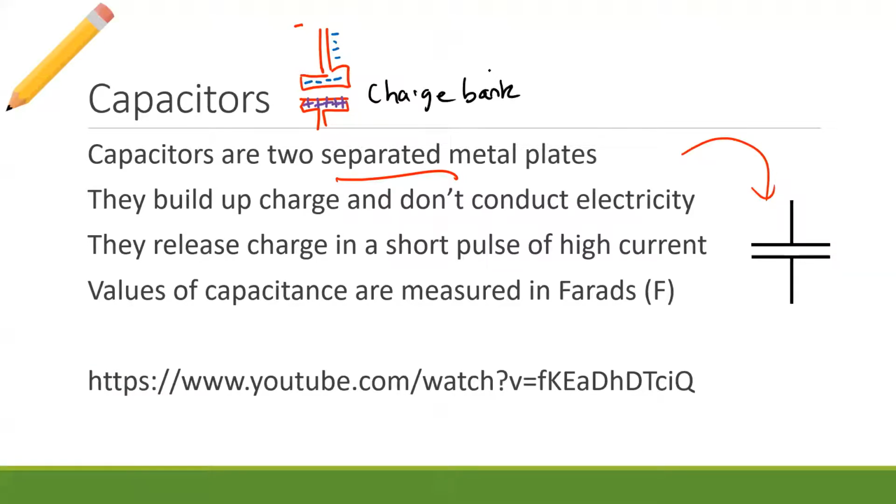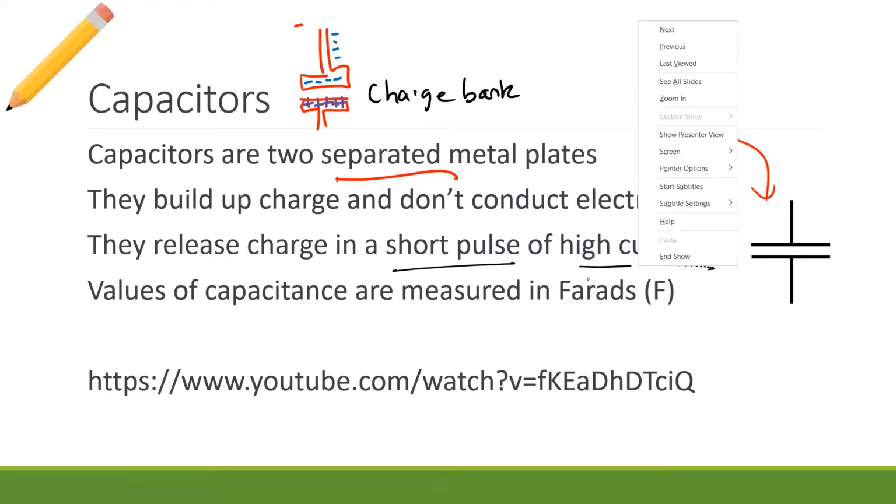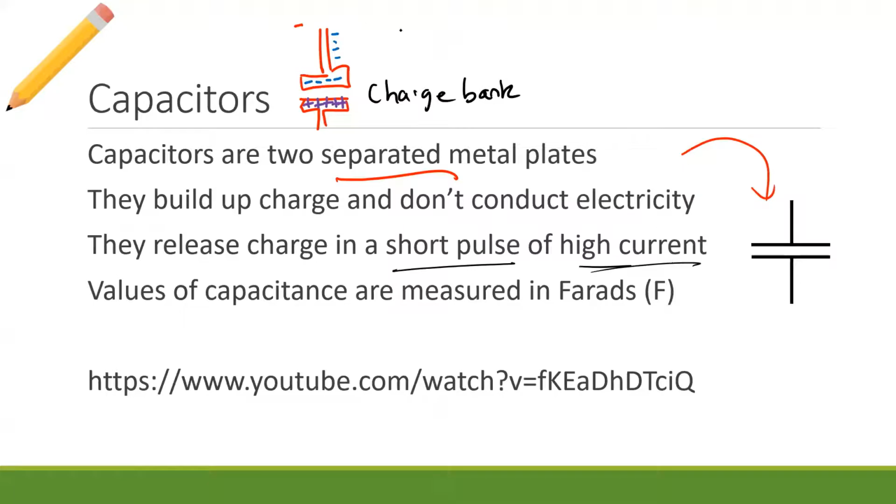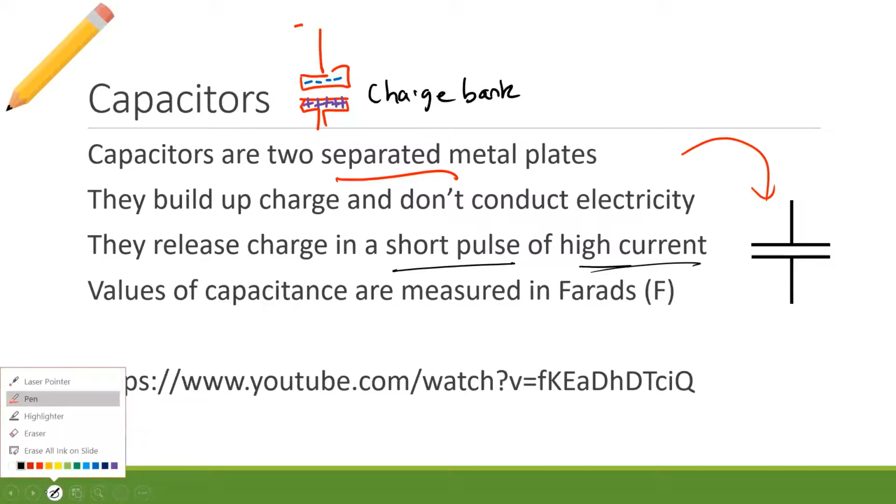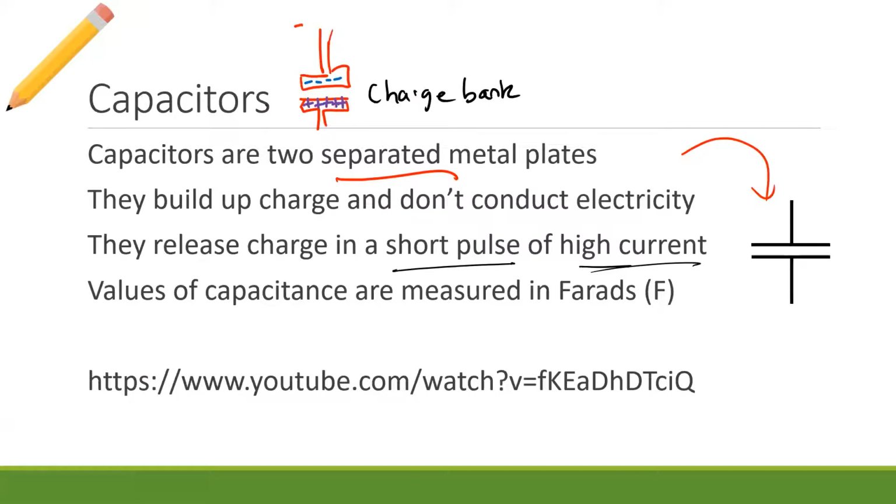Now what happens with this charge bank is that they release the charge in a short pulse of high current. So if I took this charge bank and turned off the voltage, all of a sudden I'm going to have a bunch of electrons all gathered in one place.